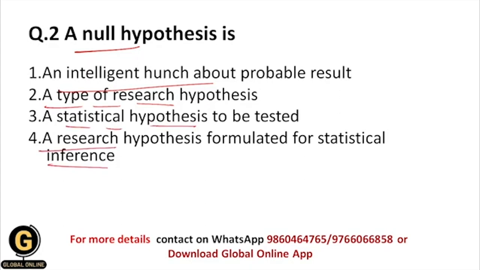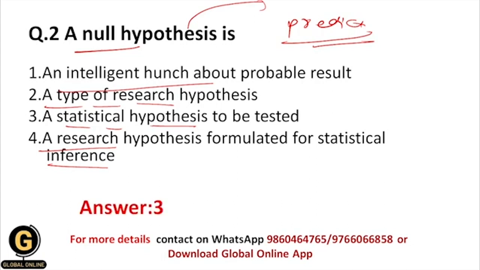So basically students, a null hypothesis is a statement in which we predict that there is no relationship between the variables under study, and in the research methodology we only test the null hypothesis. This is the only hypothesis that we test in the research process, and that's why your correct answer should be 3.